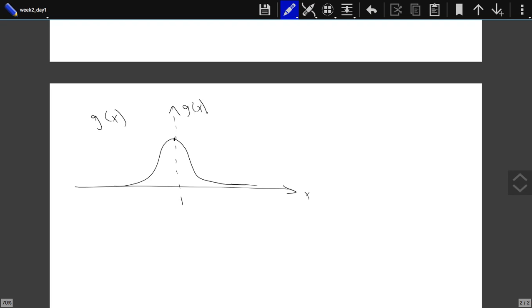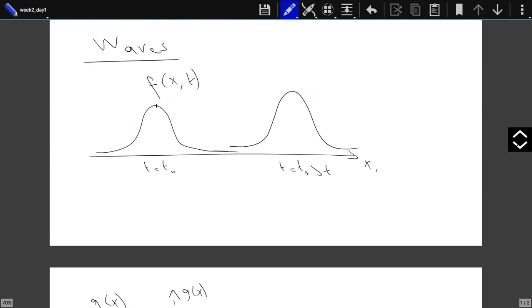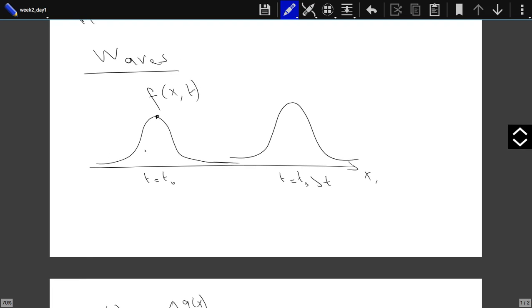Just for simplicity, I assume that the maximum of g appears at x equals 0. Now this, let's say, is at the point x0. And this is at the point x1.